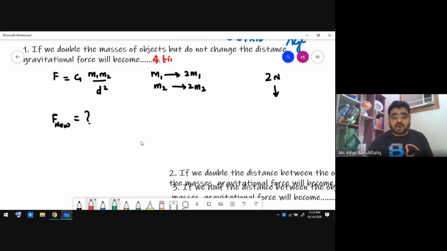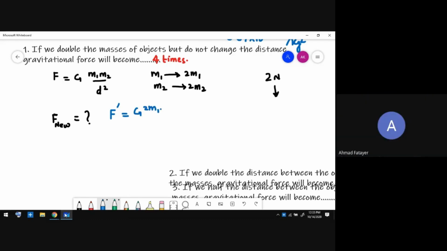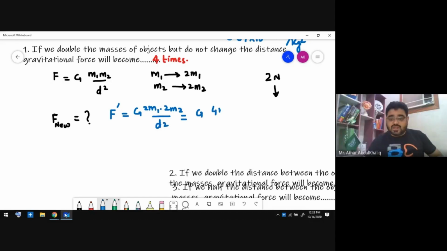I am just explaining this thing again: F is equal to G m1 m2 over d square. I will change it to the changed force, F prime or F new, which is G times 2m1 times 2m2 over d to the power of 2. This is G 4m1 m2 over d square.